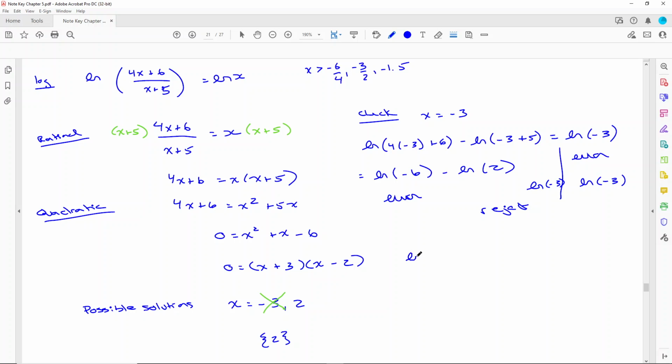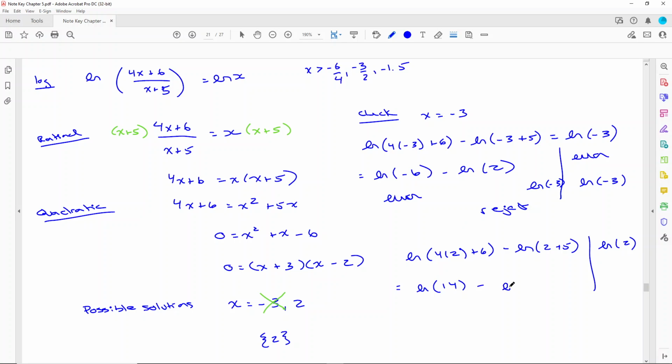If I plug in 2, I get the ln of 4 times 2 plus 6 minus the ln of 2 plus 5. Does that equal the ln of 2? Well, let's check. This would be the ln of 8 plus 6, which is 14, minus the ln of 7. All right, that didn't come out very nicely, did it?